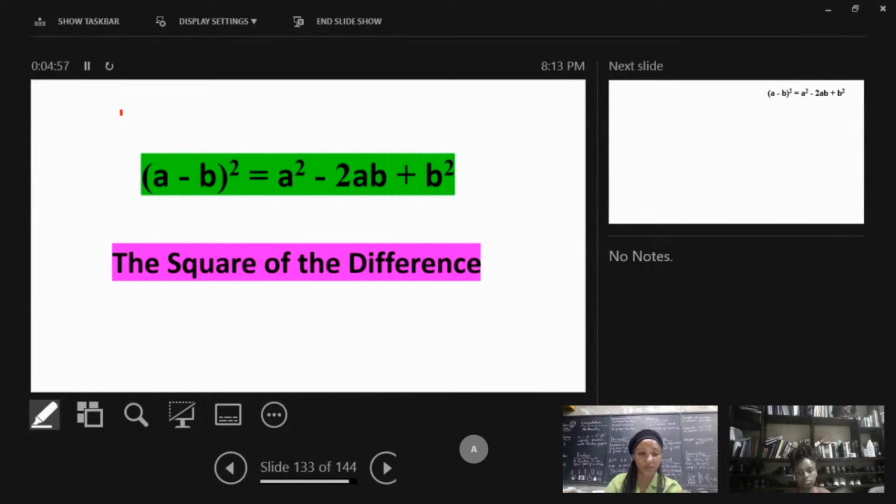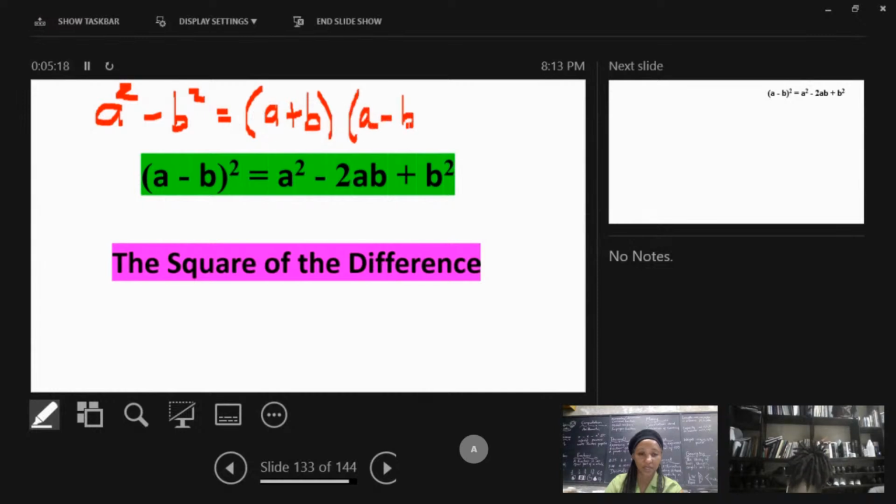The difference of squares would look like this: a squared minus b squared, which we all know would factorize to give a plus b times a minus b. So this is the difference of squares, and this is the factorization of the difference of squares.